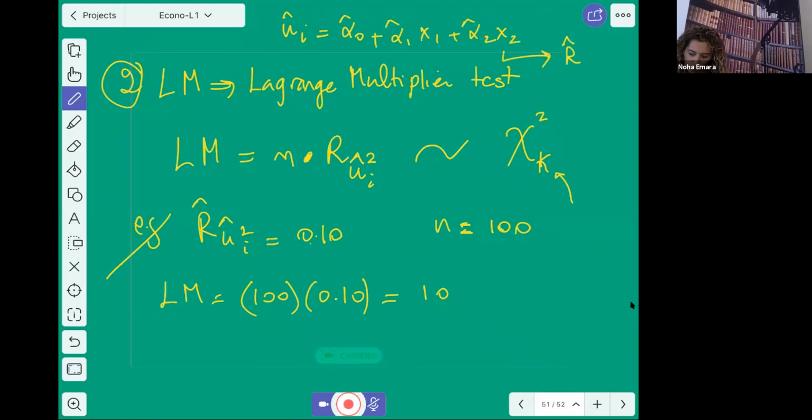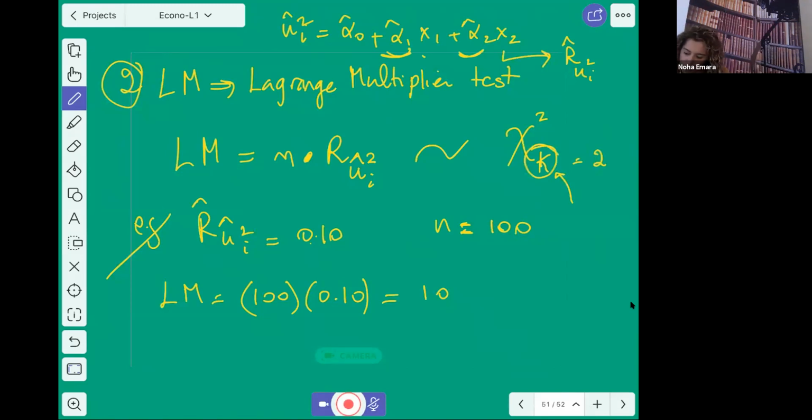We call it R square u_i hat squared, because this is squared here. My null hypothesis is going to be the same as the previous test: this coefficient is equal to 0, and this coefficient is equal to 0. So how many restrictions do I have? 2 coefficients to be tested. So here k is equal to 2.